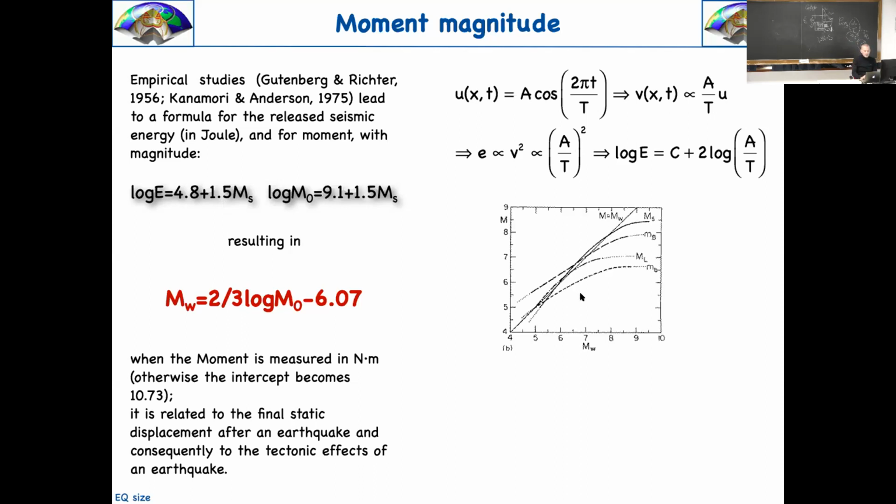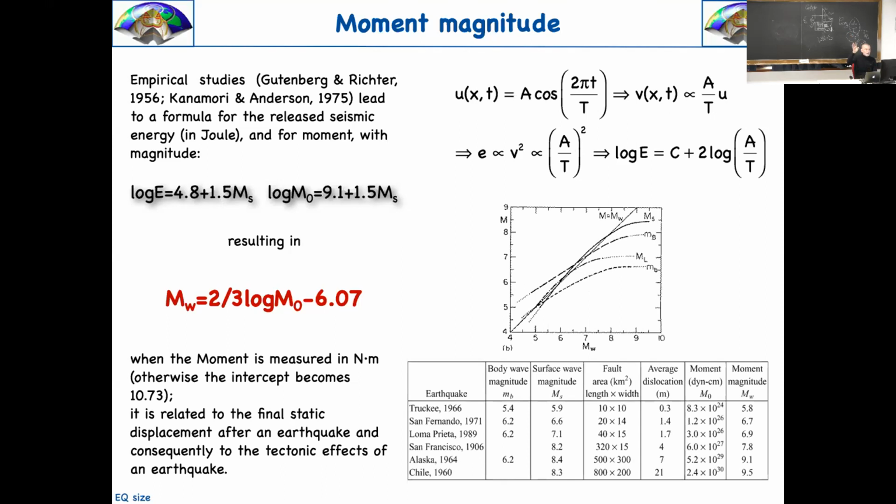And so the summary is something like that. Different empirical, instrumental magnitudes are saturating. At 8, MS and MW are there, and in principle, MW is free to run wherever.